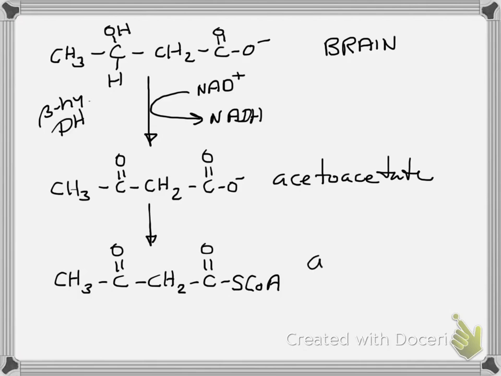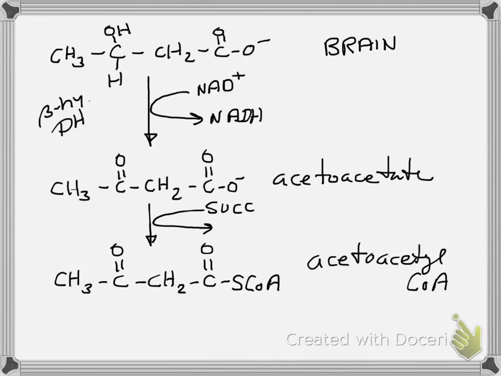So again, it's the reverse of these reactions. So this is the acetoacetyl-CoA. This enzyme is going to require a donor of the CoA, and the donor here is going to be succinyl-CoA. It will donate its CoA, generating succinate and producing that high energy bond with the acetoacetyl-CoA.